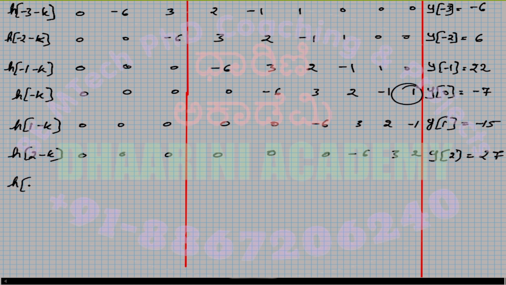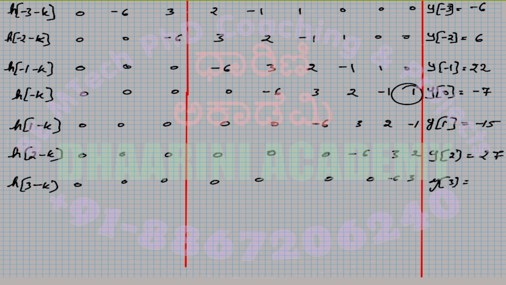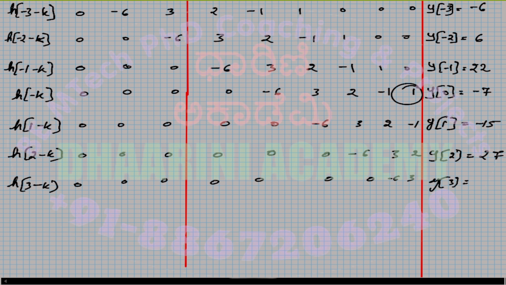Then h of 3 minus k, minus 6 and 3. I calculate y of 3 equals, okay, this is minus 24.